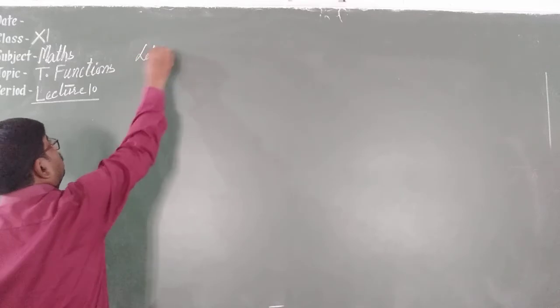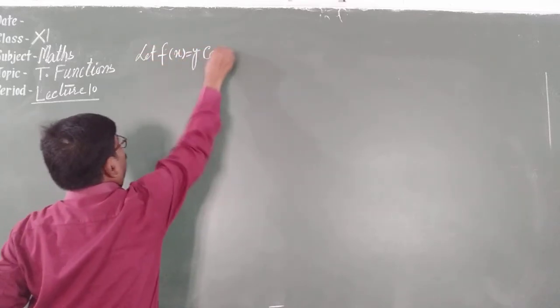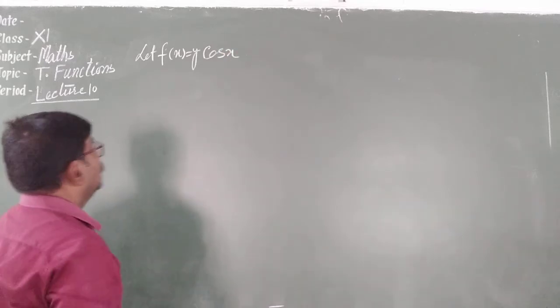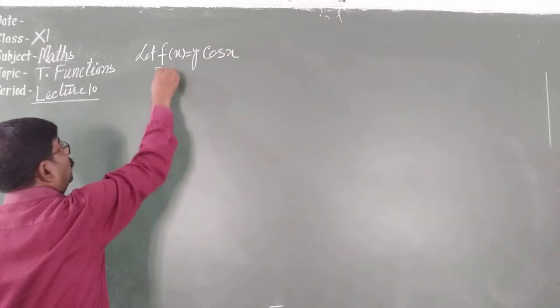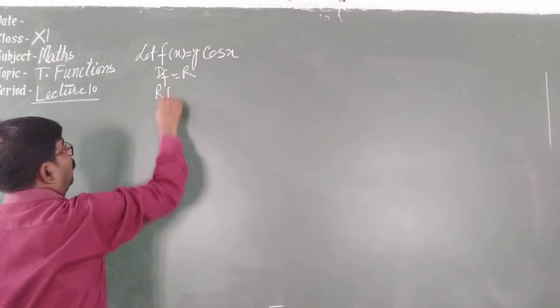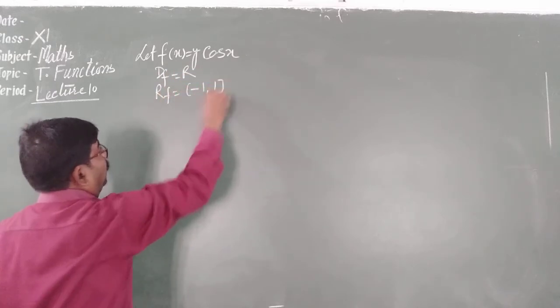Let f(x) is equal to y is equal to cos x. Again, you know, the domain of the function is all real, the range of the function is -1 to 1.